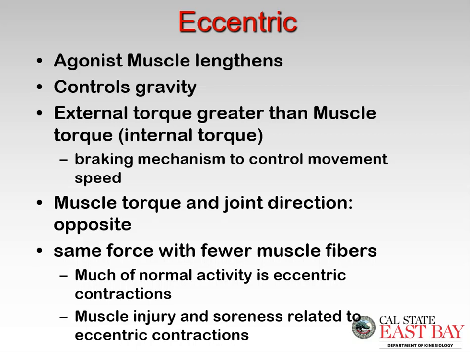The muscle torque and the joint direction are opposite. Eccentric contractions are very special because they can generate the same force with fewer muscle fibers. The majority of our normal daily activity uses eccentric contractions. And as many of you have probably felt, muscle injury and soreness are related to eccentric contractions.